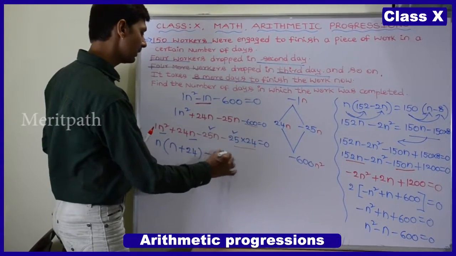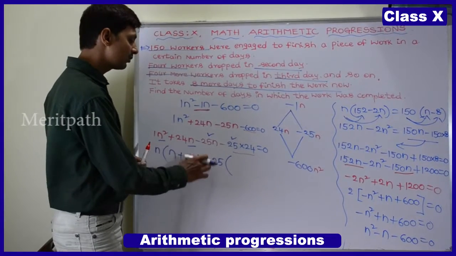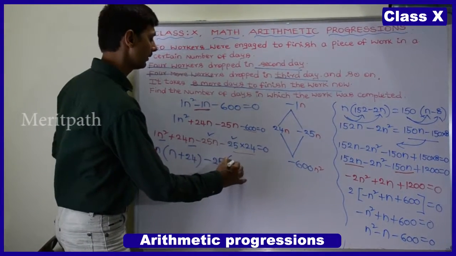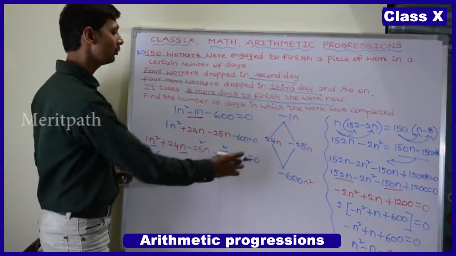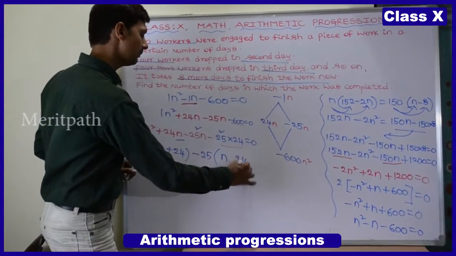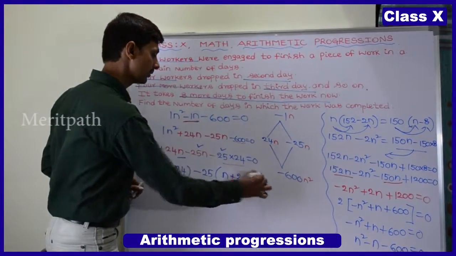So take the 25 in common along with the minus. Then we have taken minus 25 in common, we will be getting n plus 24 equals to 0.